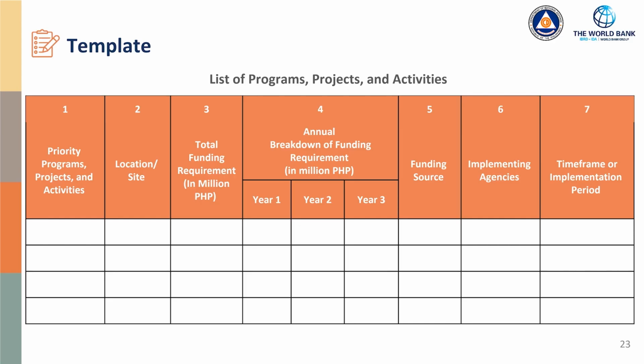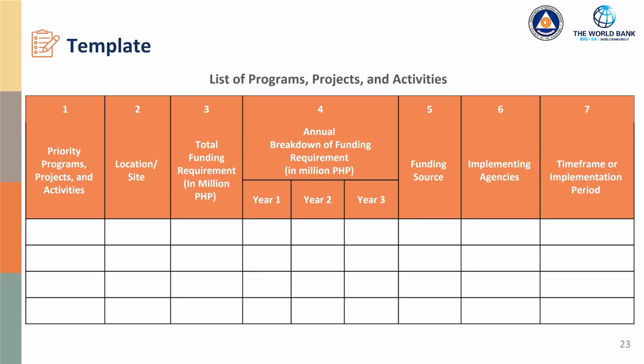So the table will also contain the annual breakdown of funding requirement. For example, a project will be implemented for a period of 3 years, so you have to disaggregate the requirements by the first year, second year, or the third year, so that you'll be able to determine how much will be required for each of the years it will be implemented.